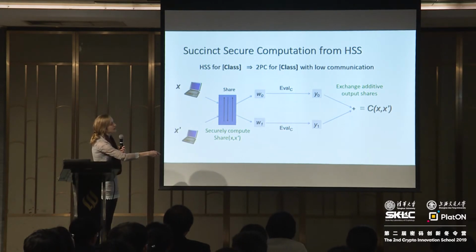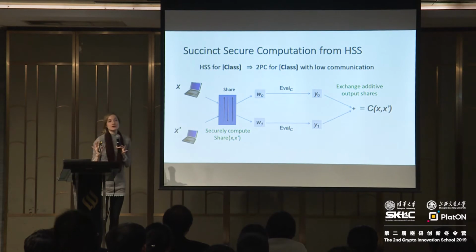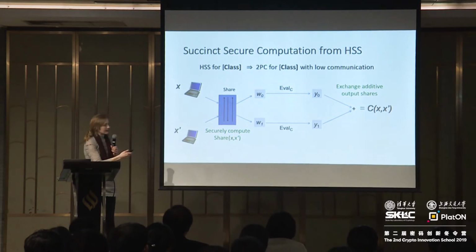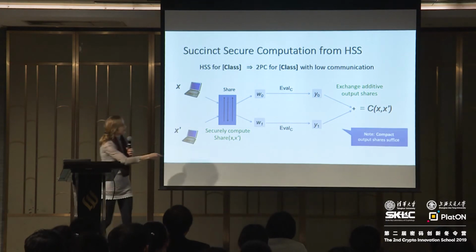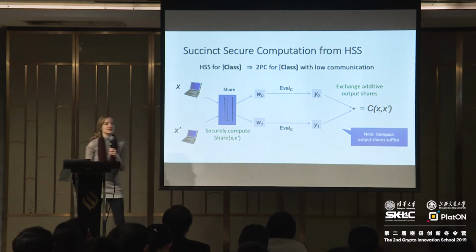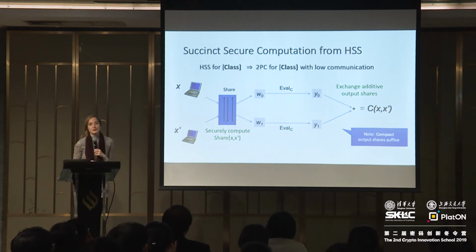Actually, it turns out that if this reconstruction is exactly addition, then this is even secure as it is. We can just send the shares to each other. More generally, you could have done some sort of secure computation here. So this is one of these instances where having compact shares, but not necessarily additive reconstruction, would still suffice.